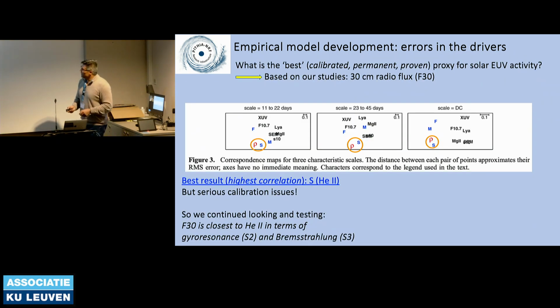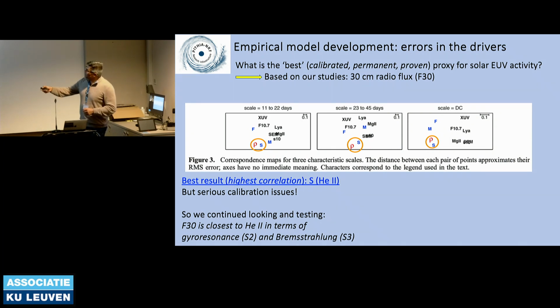So we have done tests in the past to look for the most representative proxy as a single value for EUV. When we did this, we didn't have F30 to begin with, and we did this test on several time scales, let's say half a solar rotation, and solar cycle scales.